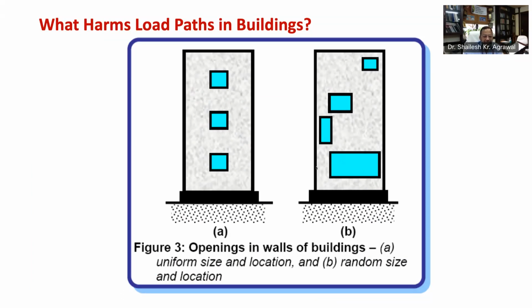As a result, load paths become long and convoluted instead of short and direct. This situation creates undesirable interrupted load transfer along the shear wall height.